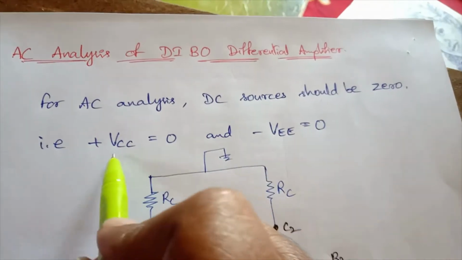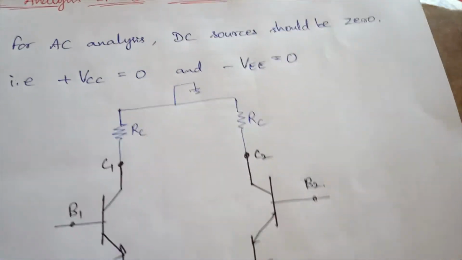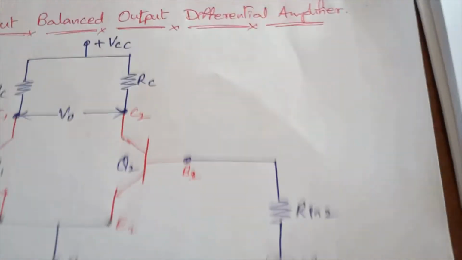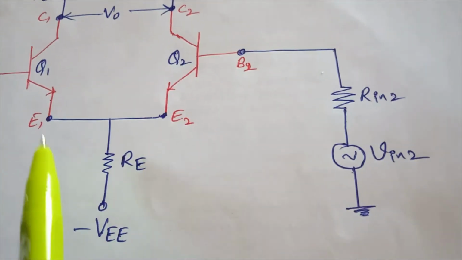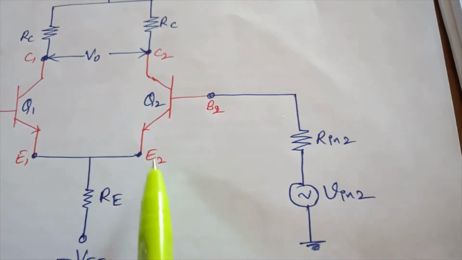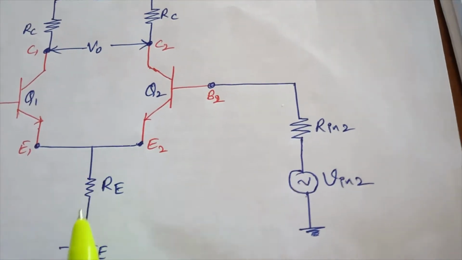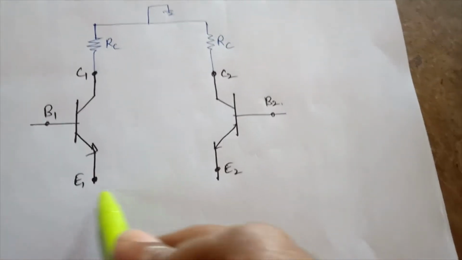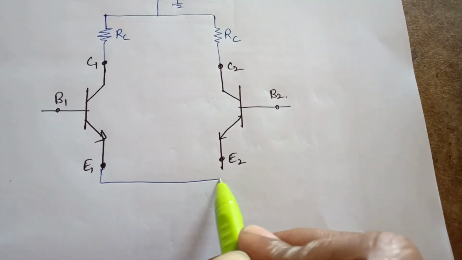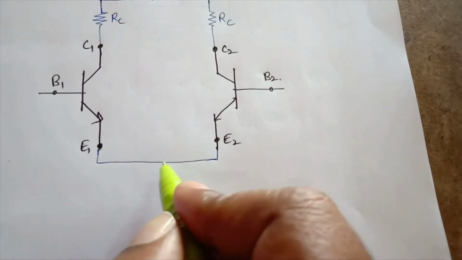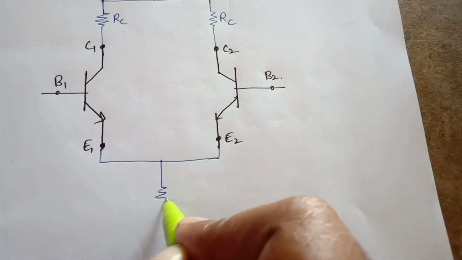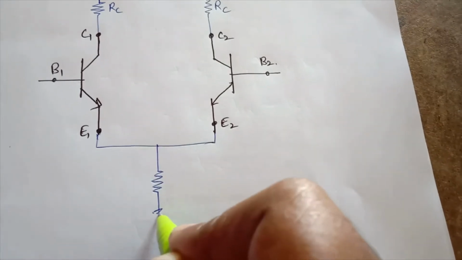Why? Because plus VCC is equal to 0. In the same way, at the emitter terminals, E1 and E2 are tied together, we have the resistor RE. Draw it the same way here, and make it ground.